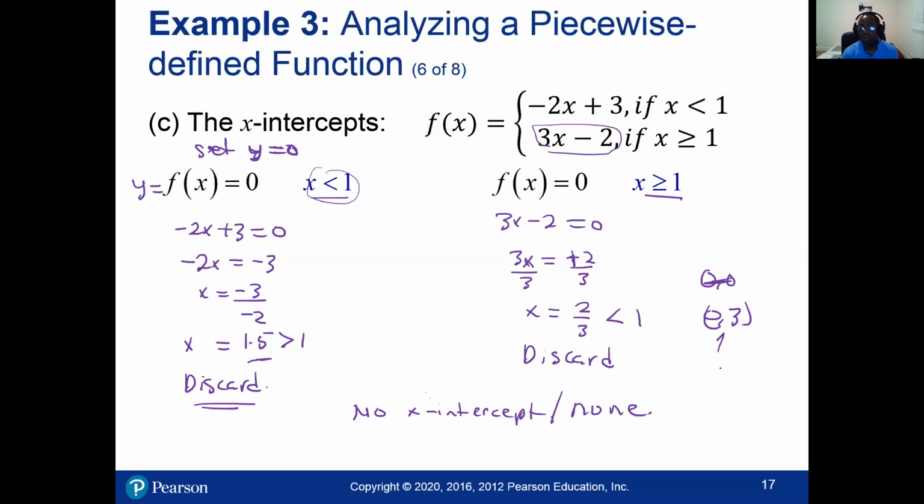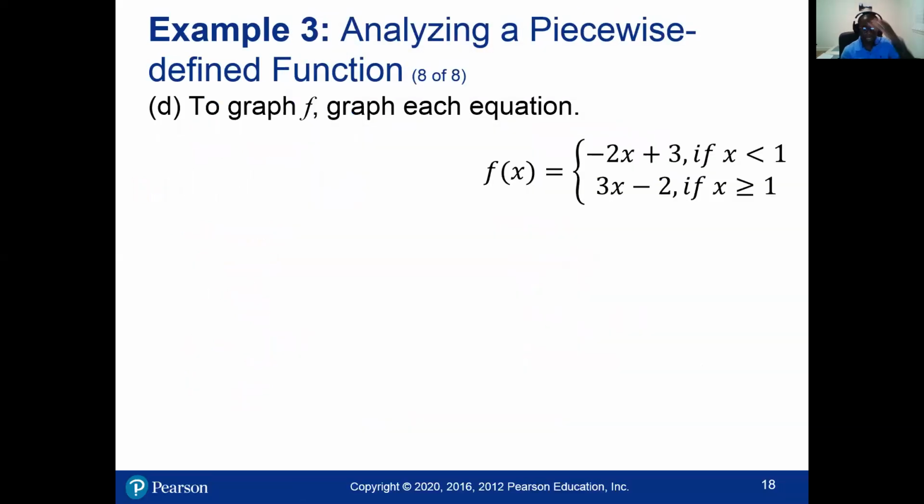Now let's go to graph this. We want to pick each of them and graph. For x less than 1, we know that f of x is equal to minus 2x plus 3, or you can just say y is equal to minus 2x plus 3.